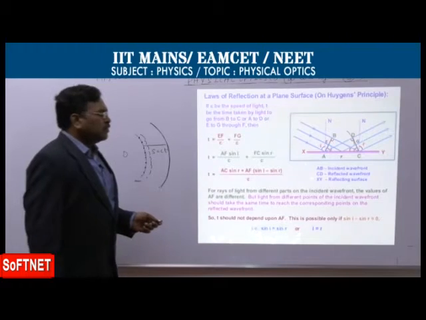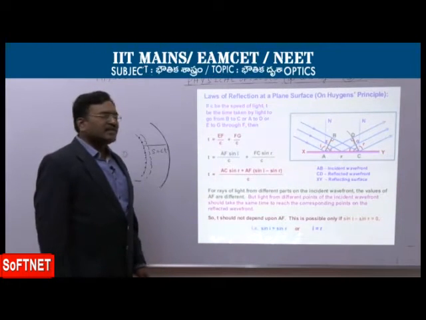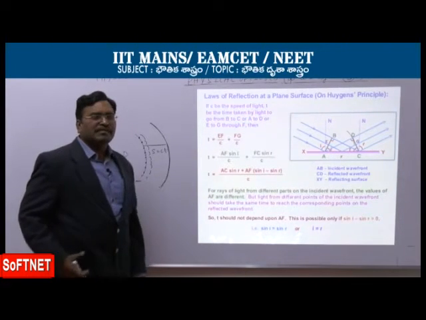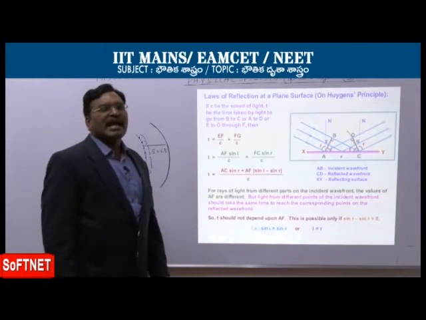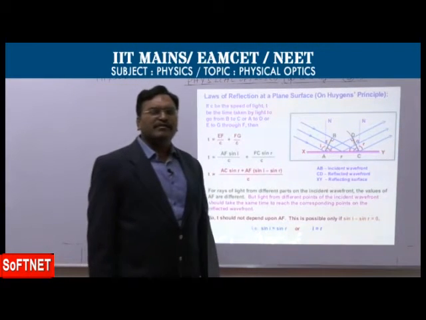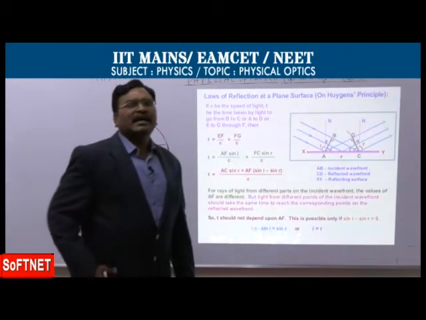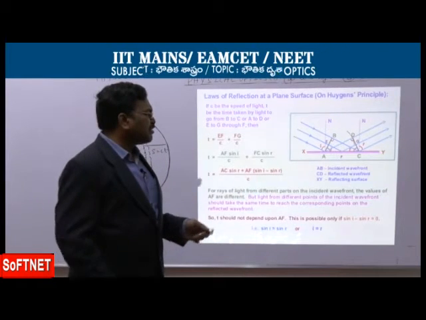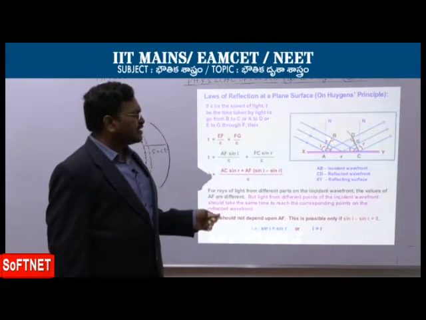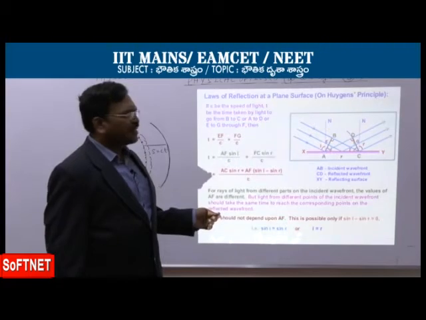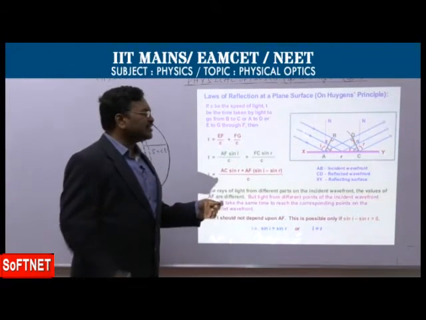Next one, law of reflection at a plane surface. According to Huygens, we have the law of reflection. What is the law of reflection? Angle of incidence is equal to angle of reflection. You already studied reflection. Reflection means what? Bouncing back. These are incident rays, these are reflected rays. Reflection means it reflects into the same medium.